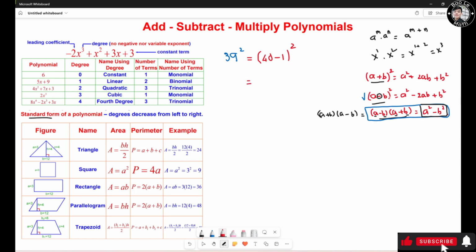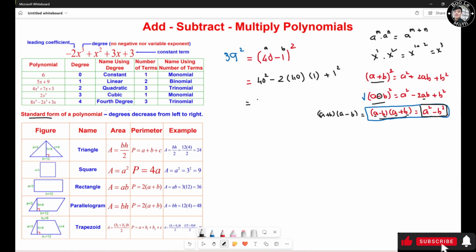I look at this one. I use the second formula right here. I'm going to identify a equals 40, b equals 1. So I have a square, which means 40 square, minus 2 times a which means 40, b, which means 1, plus b squared, which means 1 square, right?